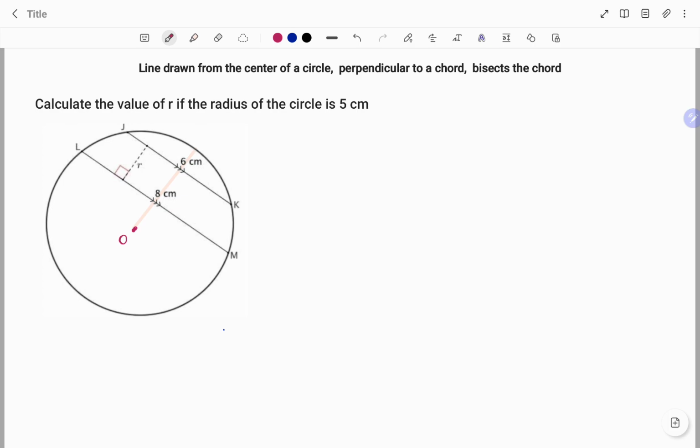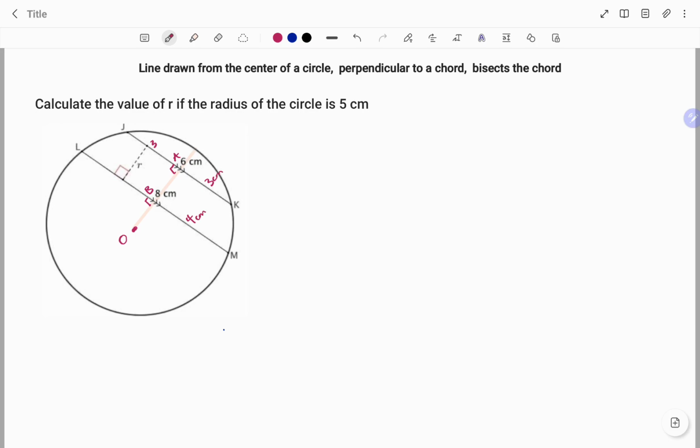So if this line is assumed to bisect the chord, therefore the angle formed will be 90 degrees. And also the line is going to bisect the chord, meaning if JK is 6 centimeters, then the distance, I'm going to tag this point A and this point B. The distance AK will be 3 centimeters, and the distance BM, that's 8 divided by 2, that will be 4 centimeters.